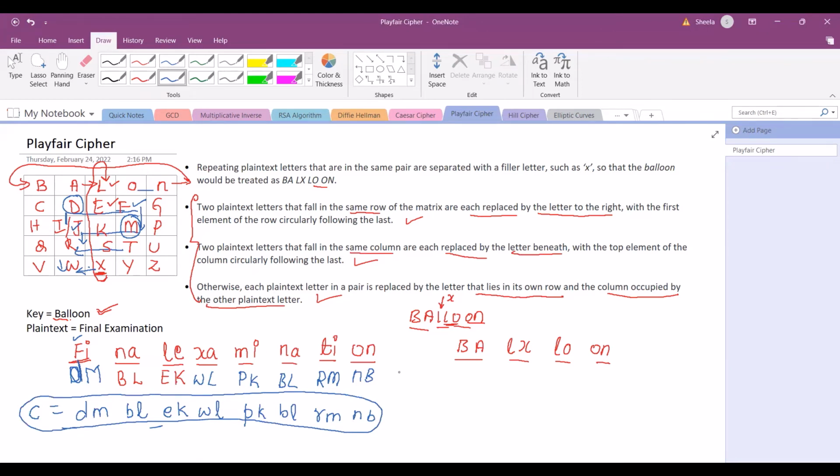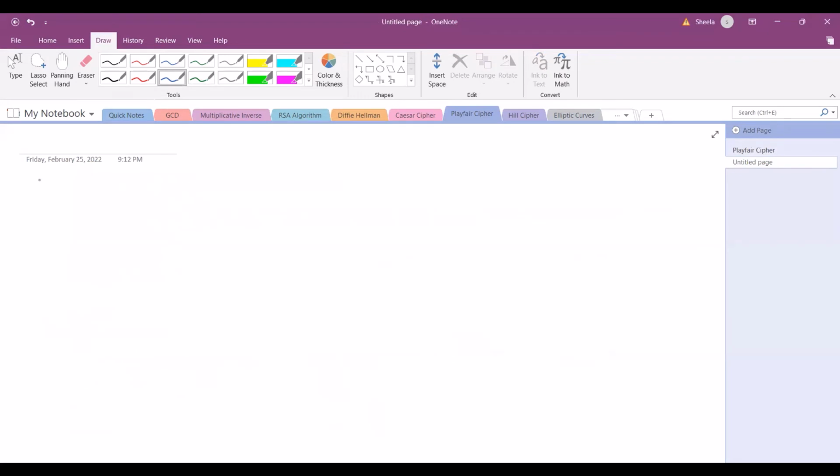So till now we have considered how to perform encryption. The next thing is how to perform decryption. So let me write this on another page. I'll write down the matrix, that is B, A, L, O, N, because in the matrix each alphabet has to be written only once.